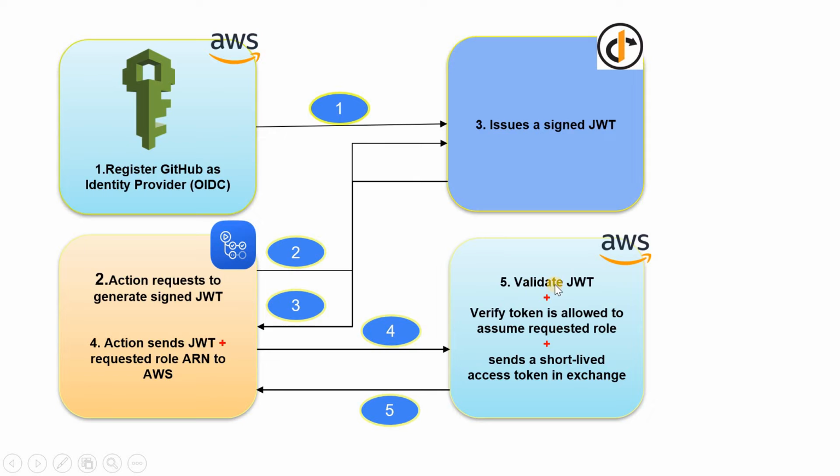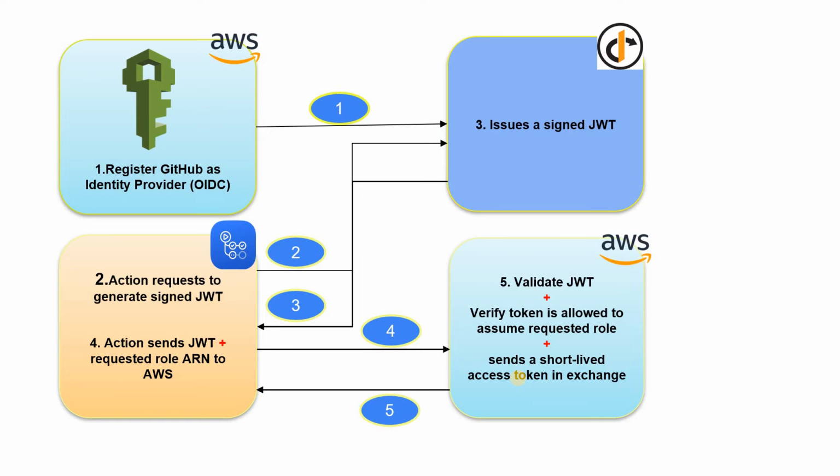That is where it first validates the JWT token, then verifies the token is allowed to assume the requested role. That's the second thing it does. Once the first and second tasks are validated by AWS, it sends a short-lived access token. Basically, everything in AWS works through STS, the secure token service.